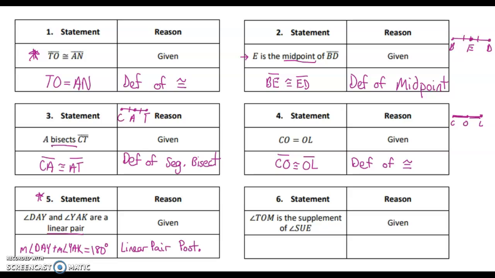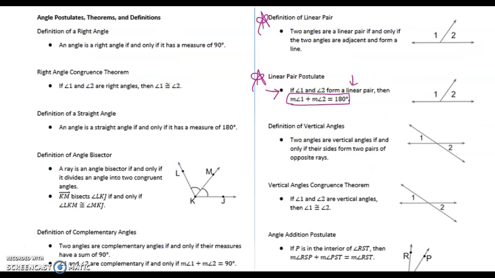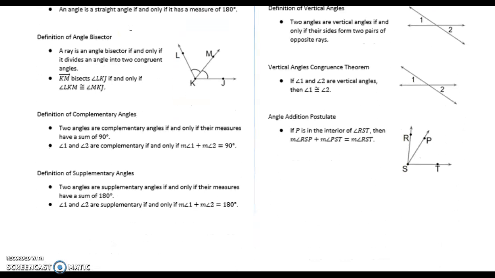Okay, on number 6, what is the key word? Angle TOM is the supplement of angle SUE. All right, the key word is supplement, and we are angles, so we're going to go back to our angles page. All right, and so we are going to look for supplement. So I've got to scroll down a little bit to the bottom. Definition of supplementary angles. That definitely has our key word in it right here, supplement, supplementary.